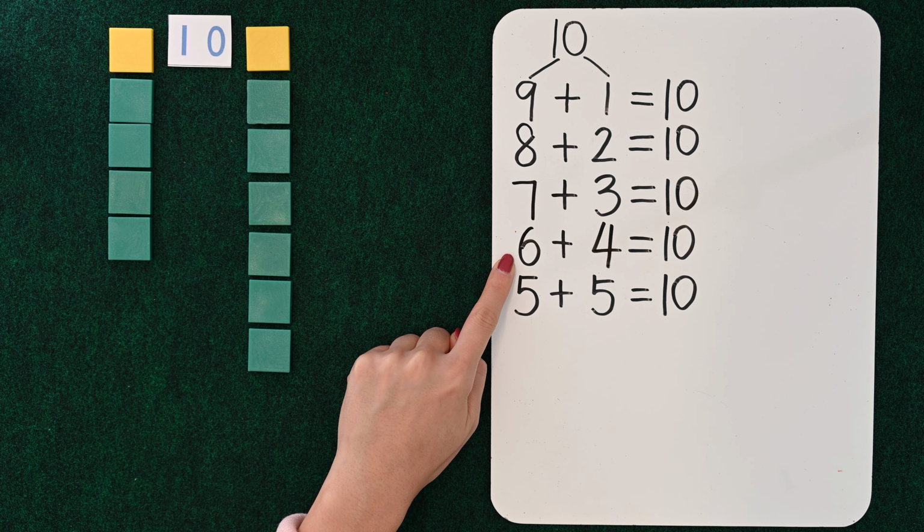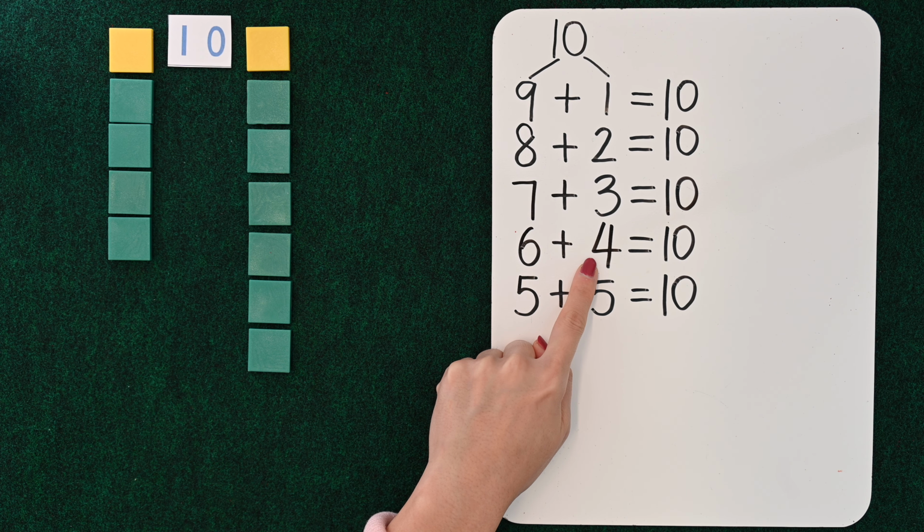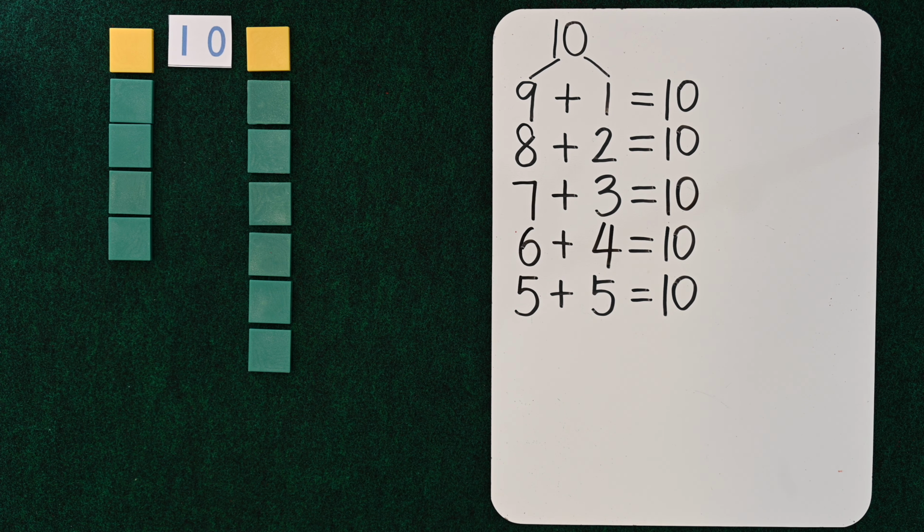Kid 1 has 6, kid 2 has 4, total is 10. And if kid 1 had the 4 and the kid 2 had the 6, guess what? It would still be the total of 10 cookies. So we won't write it down again. It's 6 plus 4 equals 10. 4 plus 6 equals 10. Some people call that commutative property. Can you say commutative property?